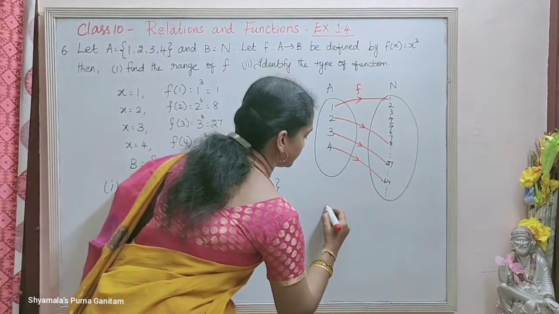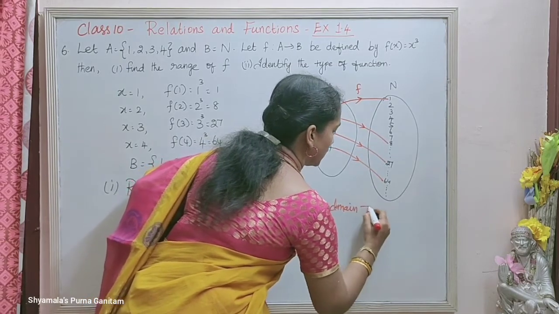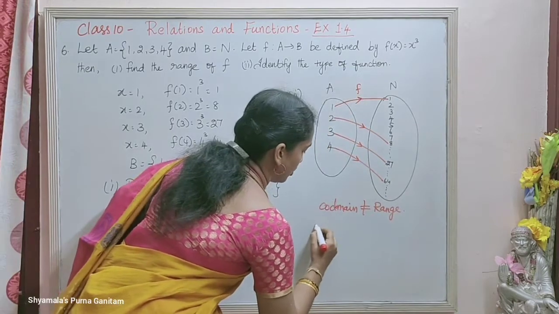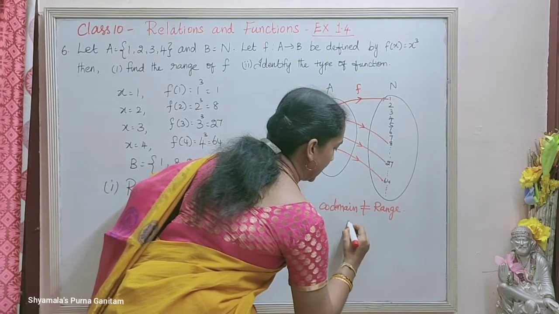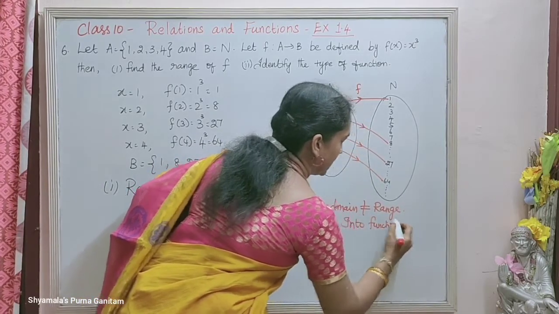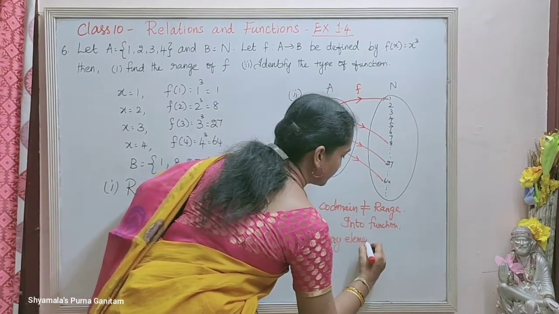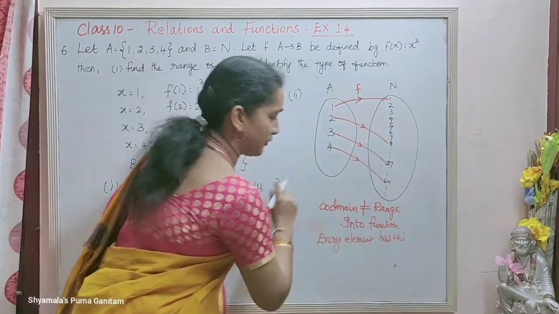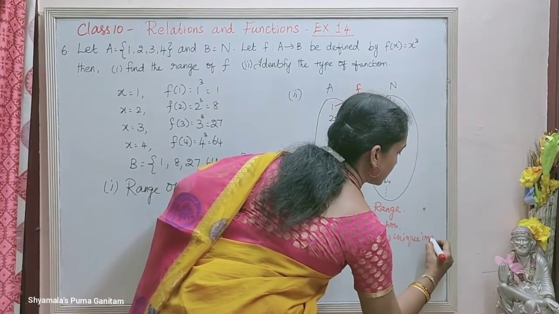Codomain is not equal to range, so that is an into function. Every element has a unique image; different elements have different images.